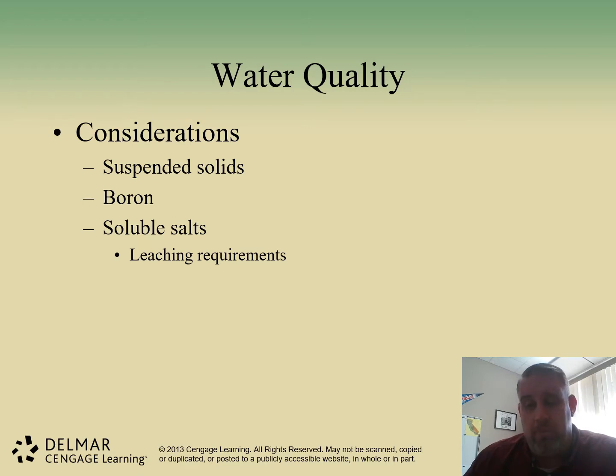And when you increase the TDS level to a certain point, the water is not able to be a benefit to the plant. And it actually is a detriment. And the plant is kind of like us. If we are drinking salt water, it's not healthy for us. We want to make sure that we're drinking only fresh water.